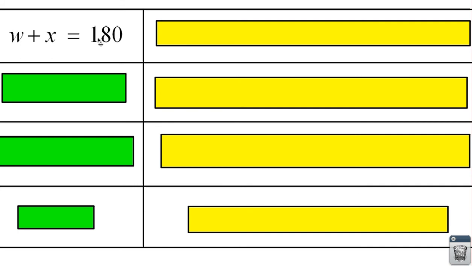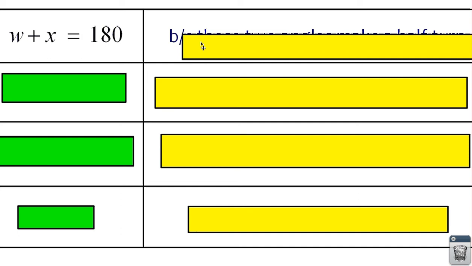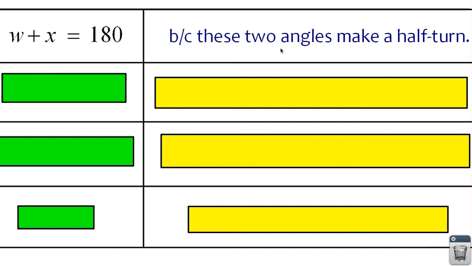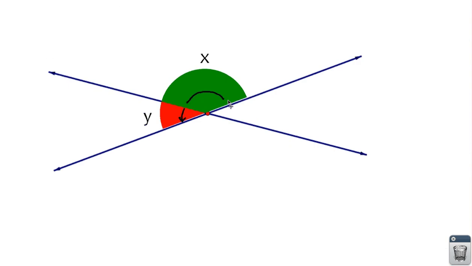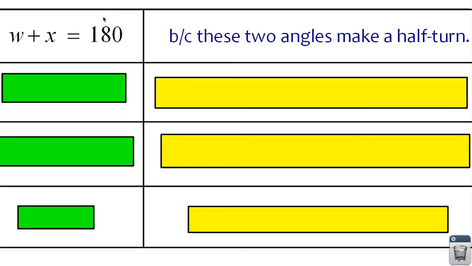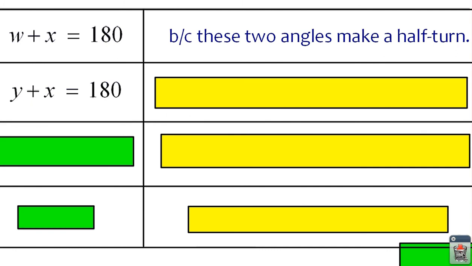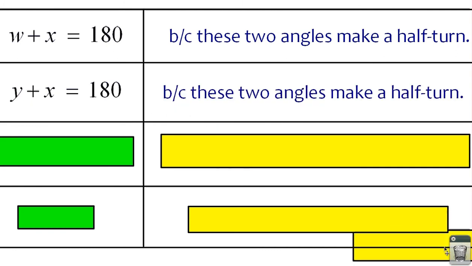So how do we know that W plus X makes 180? Well, it's because those two angles make half a turn, since they make up a straight line. The second thing we did was we said that the green angle plus the red angle are also half a turn, so X and Y must be 180 as well. X and Y make 180 because they too make half a turn.